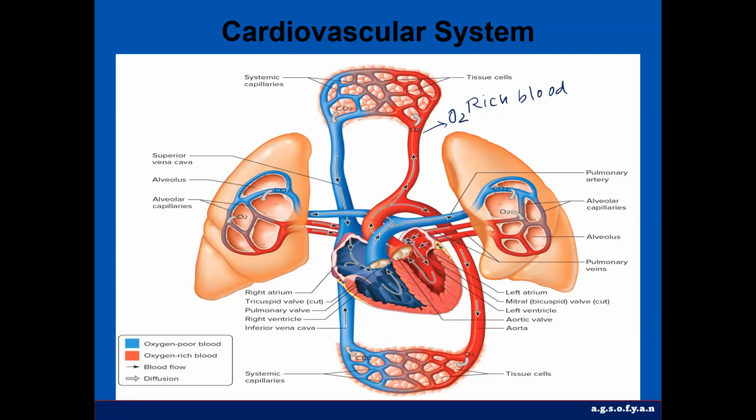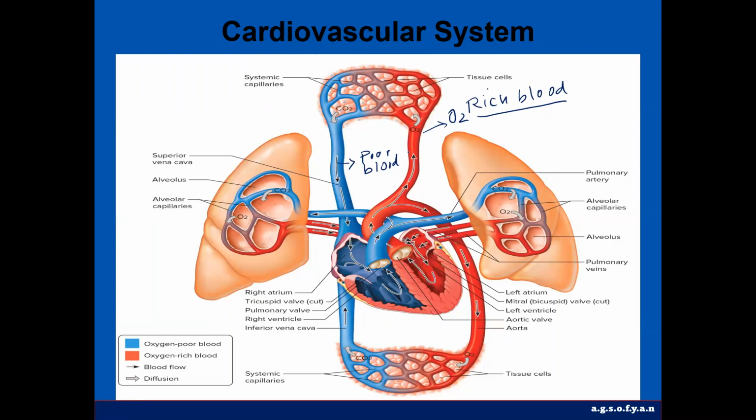The blood vessel with red color carries rich blood, a lot of oxygen. The one that has blue color over here means this blood vessel carries poor blood, less oxygen in it.